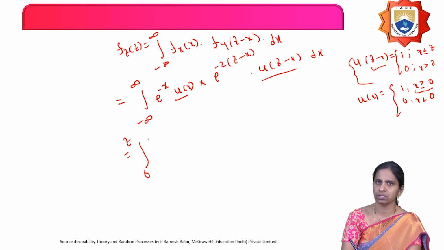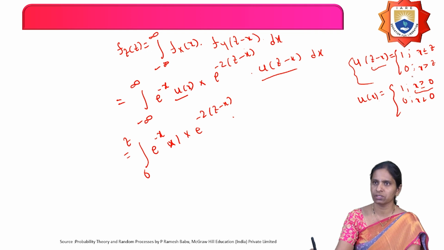Therefore, when x is 0 to z, e^(−x) into, what is u(x) in this? This is 1. So, 1 into e^(−2(z − x)). And what is u(z − x) when x is 0 to z? It equals 1. Therefore, this is 1 into dx.